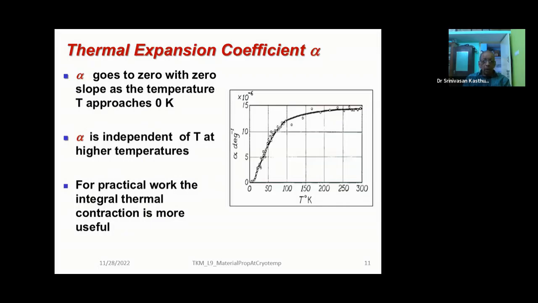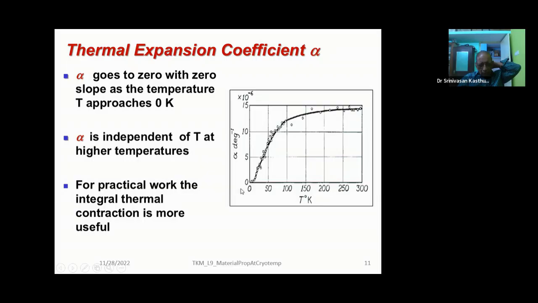Now, this thermal expansion coefficient actually varies with temperature. For example, say the temperature is plotted on the x-axis and the thermal expansion coefficient on the y-axis, assuming this is for some typical material. If you keep decreasing the temperature, the value of alpha keeps decreasing.